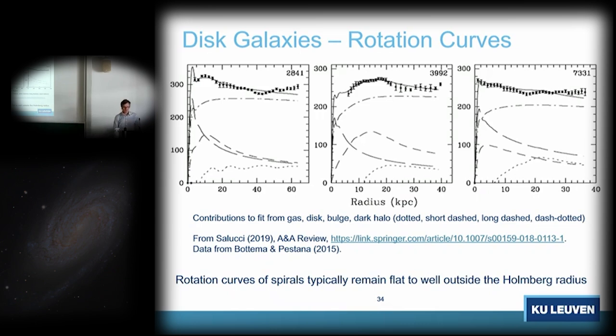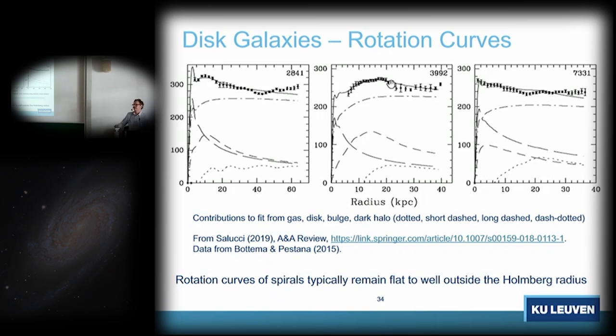As illustrated by just 3 different examples here, where you see that it remains flat out to say 40, yeah? And this is analogous to what I was showing you before for the Milky Way galaxy, where you have some sort of gas contribution, disk, bulge, dark halo. The dark halo in this case is the dashed dotted, right? So it's this one. And if you don't add the dark halo, you will not be able to match the observations here of the spiral galaxies.